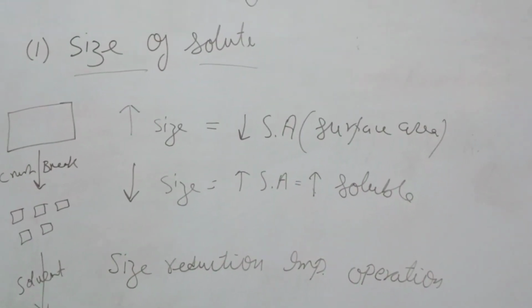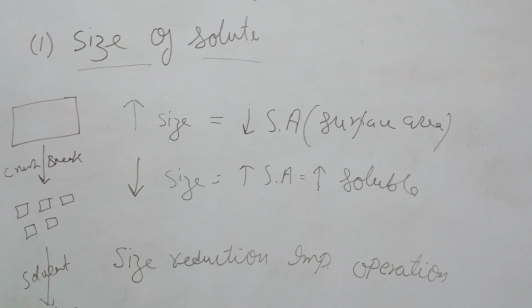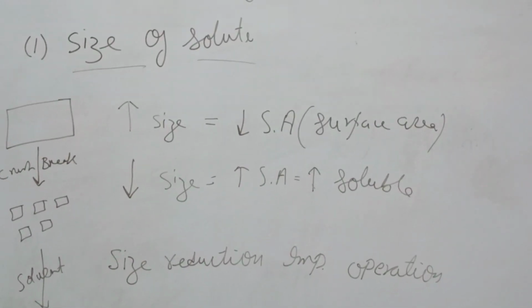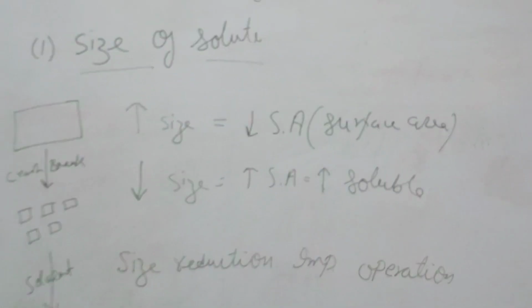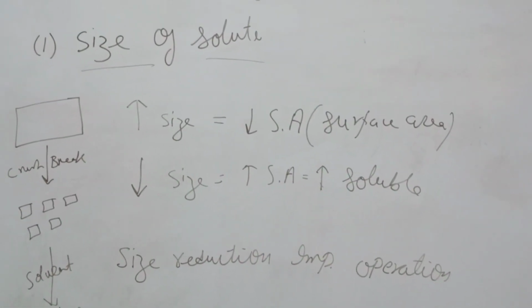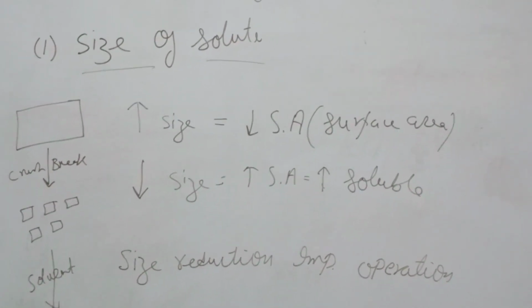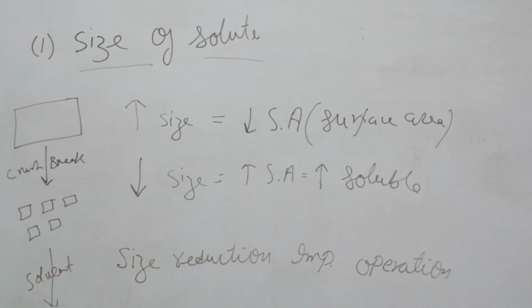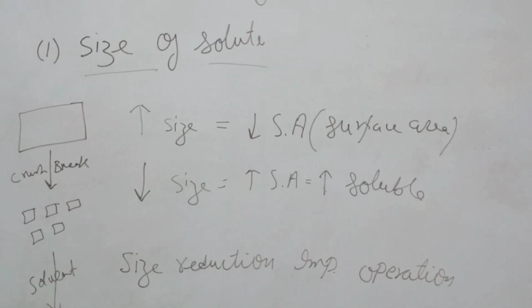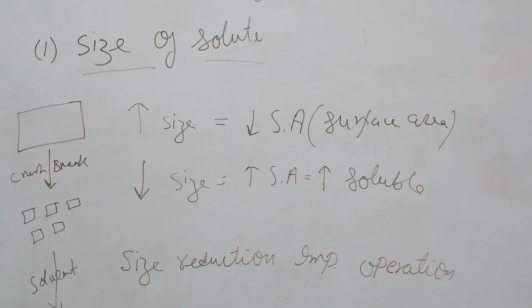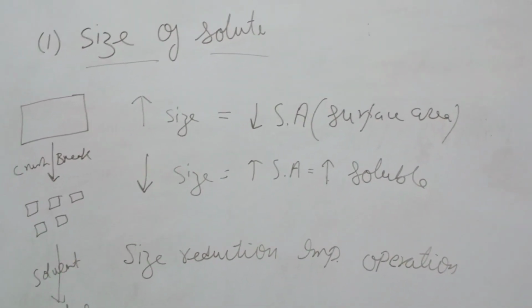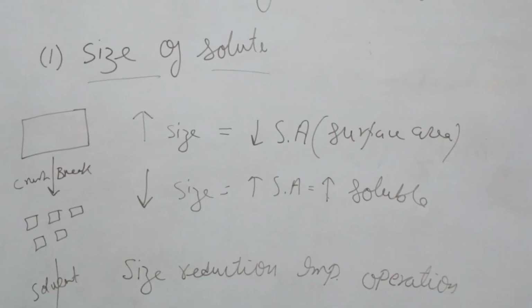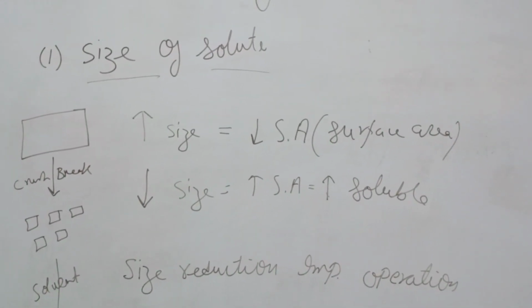So let us begin our journey of exploring the factors that affect solubility of a solute. So the very first factor is the size of solute. So let us look into how the size of solute affects the solubility.